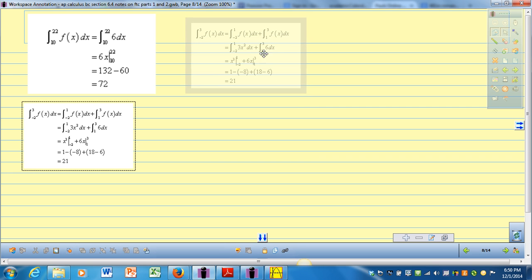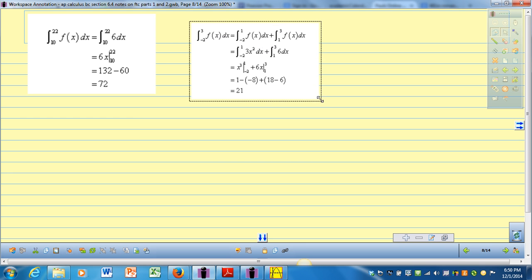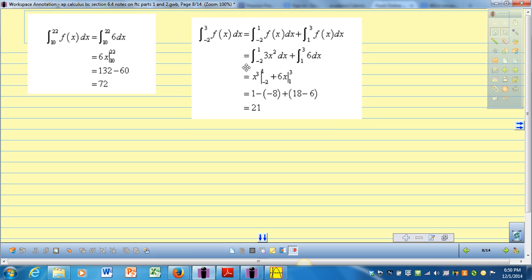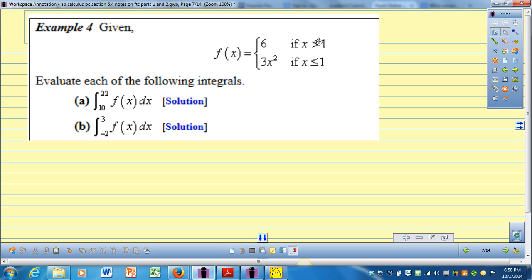For the second part, we are asked to integrate from -2 to 3. Well, that crosses over the break in our two branches for our piecewise function. So we can use our integral properties to break up our integral as well. So we can integrate from -2 to 1 of 3x squared.